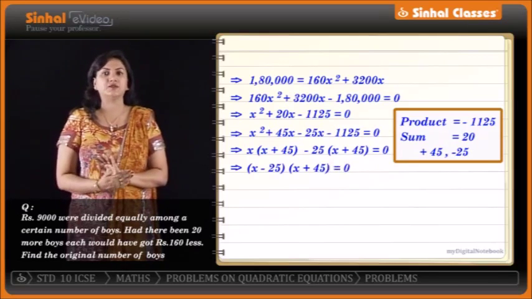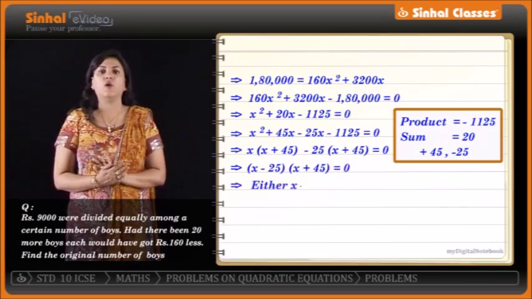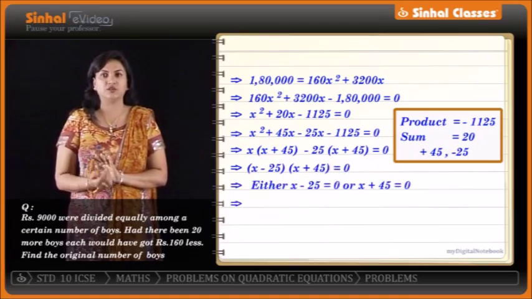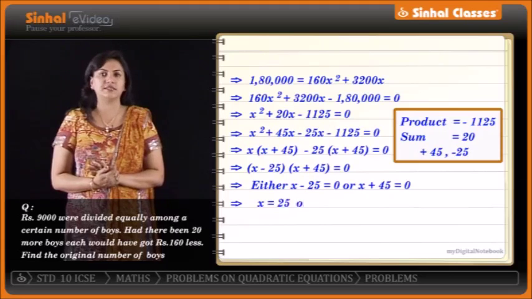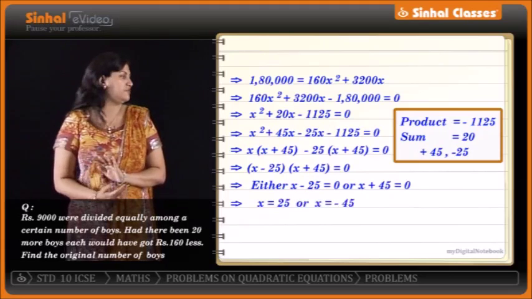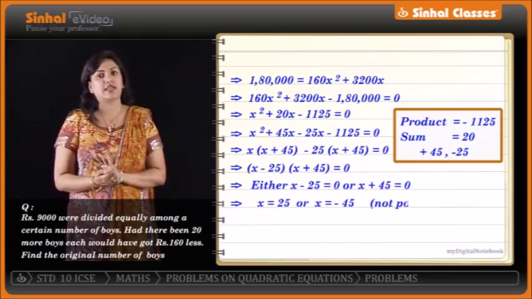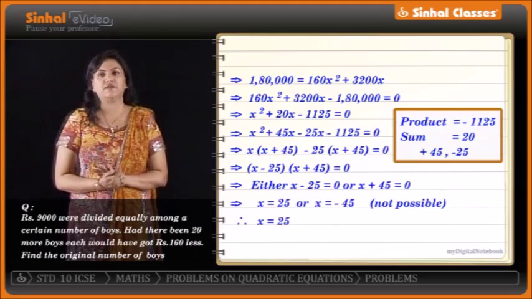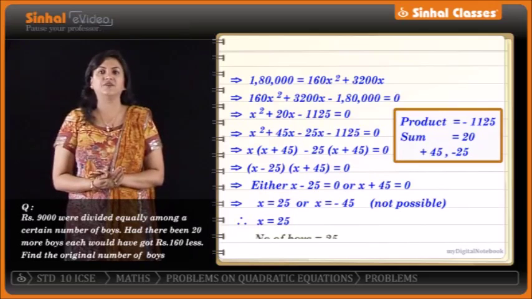That is, x minus 25 is 0 or x plus 45 is 0. We get x is equal to 25 or x is equal to minus 45. But x cannot be negative, so x is equal to 25. That is, the original number of boys were 25.